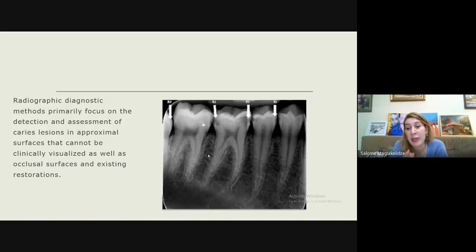Because when this kind of patient comes to you, you never see this kind of small decays from the occlusal side. Even if you dry, sometimes it's not easy to detect. And we go on the X-ray, and voila, we could see lots of decays underneath the absolutely sound enamel structure.